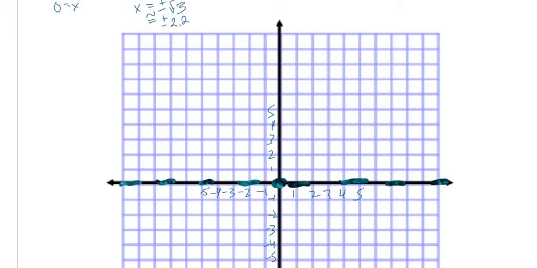We said positive 1 is going to be 2.5, and negative 1 is going to be negative 2.5. So now we're already starting to get some information. So think back to the maximum and minimum points. We said that we're going to have that maximum and that minimum, and we're going to be increasing, and then we're going to be decreasing.